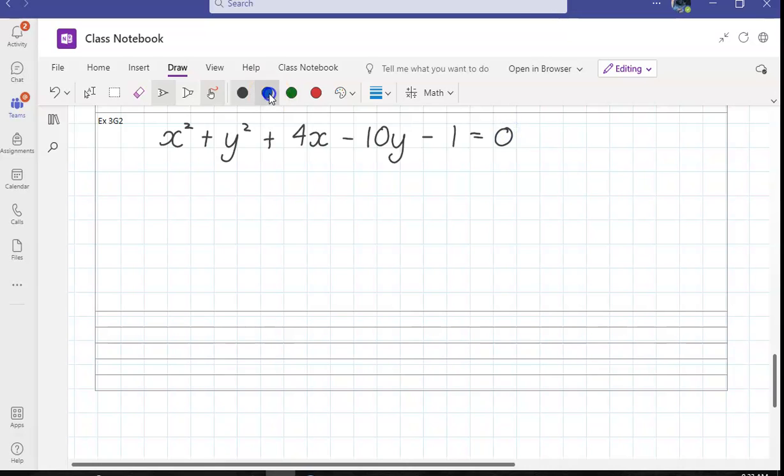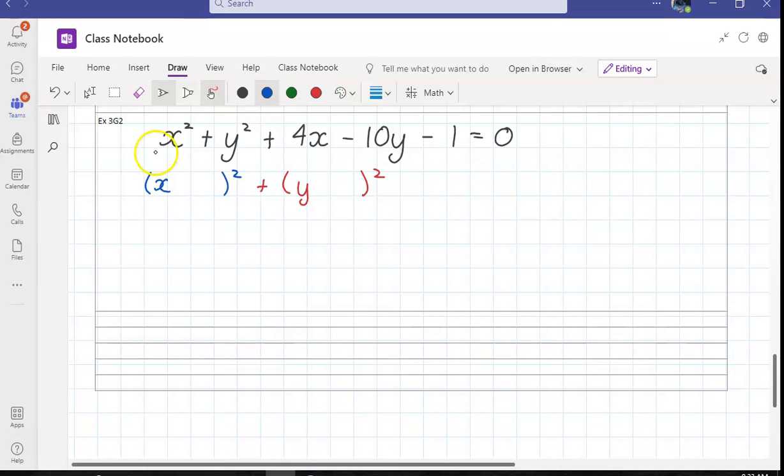Okay, so what we're trying to do is pop it into, sorry for people who might be colourblind out there. So practice completing the square.